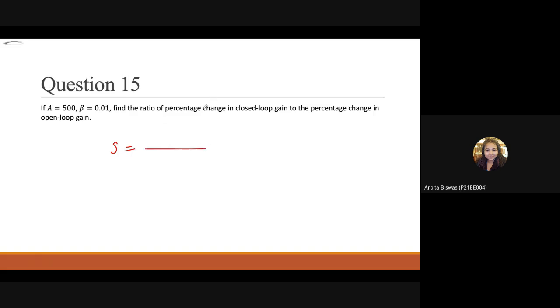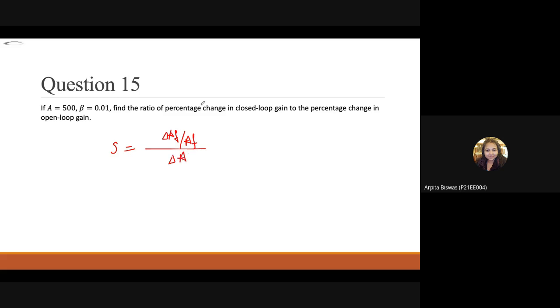Find the ratio of percentage change in closed loop gain to the percentage change in open loop gain. This means delta AF by AF over delta A by A, right?